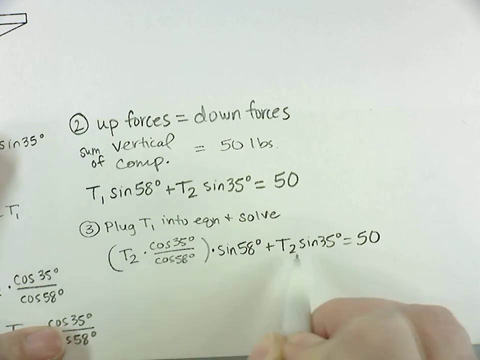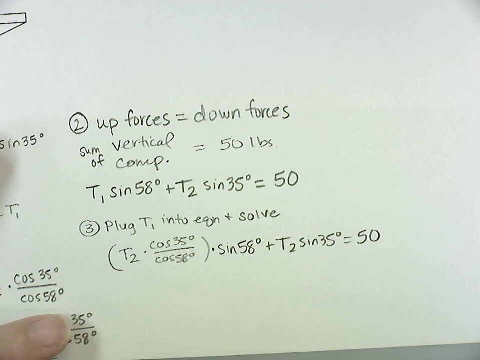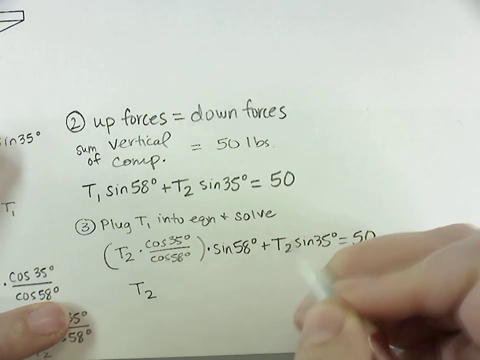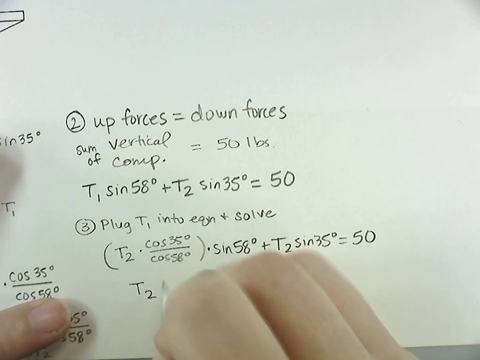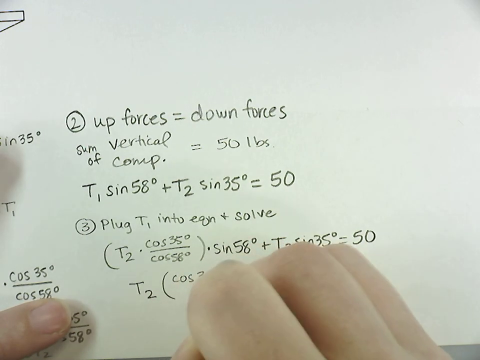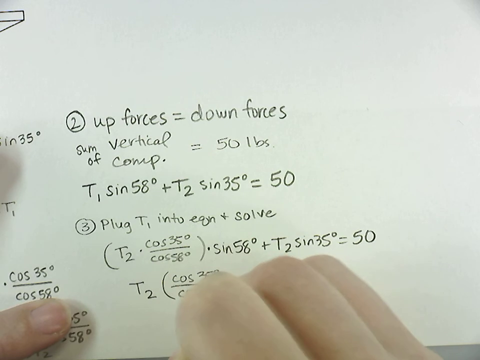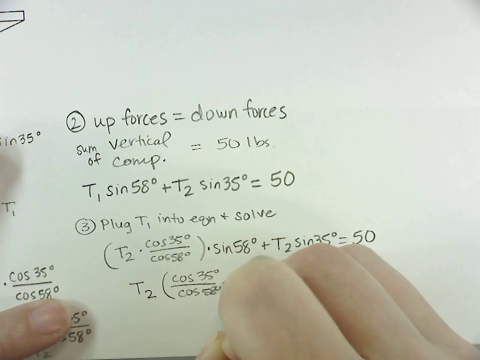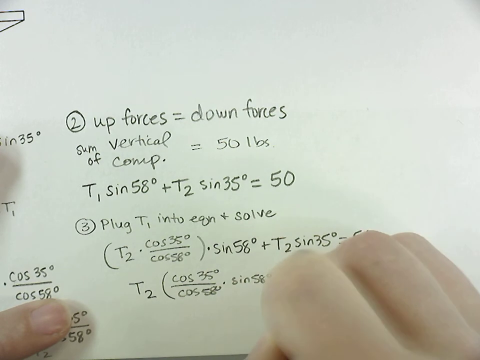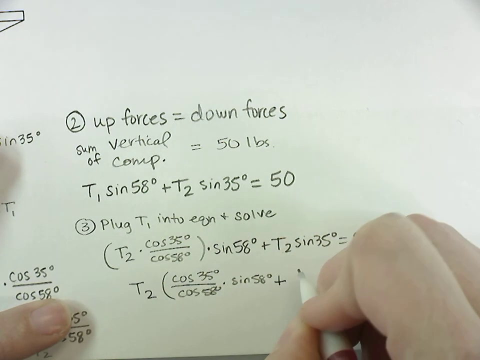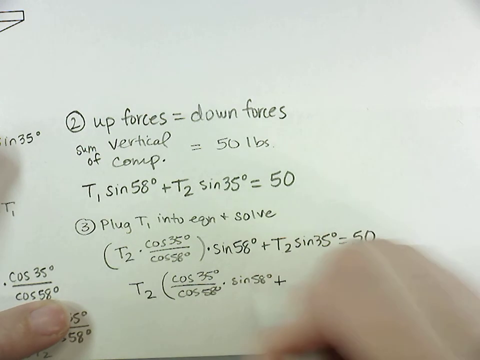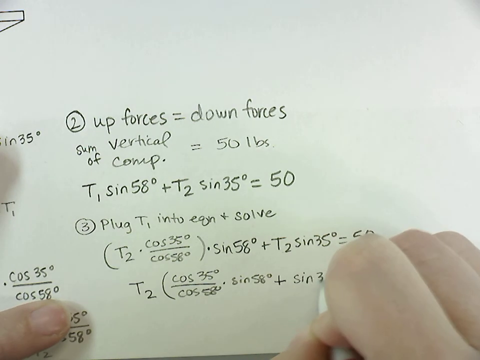And what we're going to do is just factor that out so we can do all of this at the same time. So we have t sub 2. If we factor it out from here, we have the cosine of 35 degrees over the cosine of 58 degrees times the sine of 58 degrees plus, and then if I factor t sub 2, this is the sine of 35 degrees equals 50.